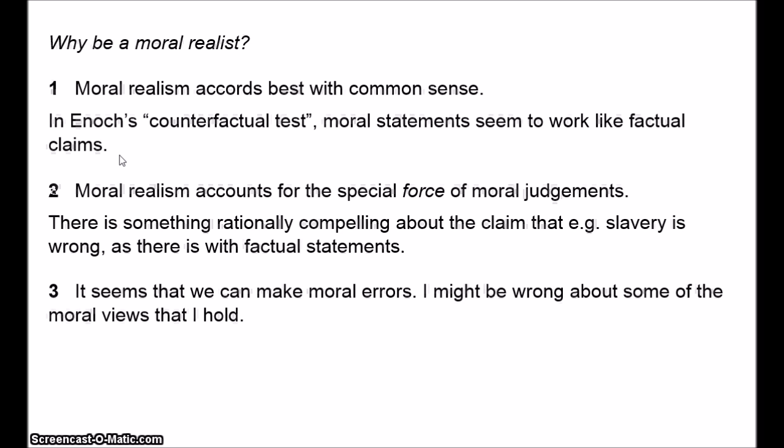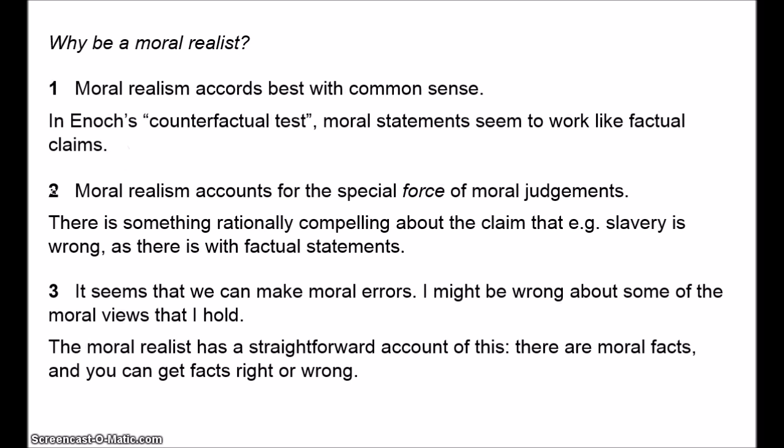Well, if you asked him to describe this change, he might say something like, I thought that homosexuality was wrong, but I was mistaken. This is a perfectly normal way of speaking. The moral realist has a straightforward account of this. We can make moral mistakes because there are moral facts, and you can get facts right or wrong.